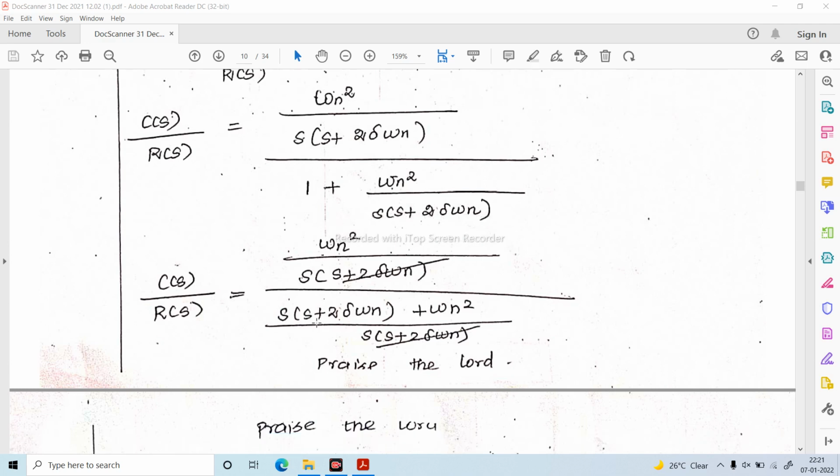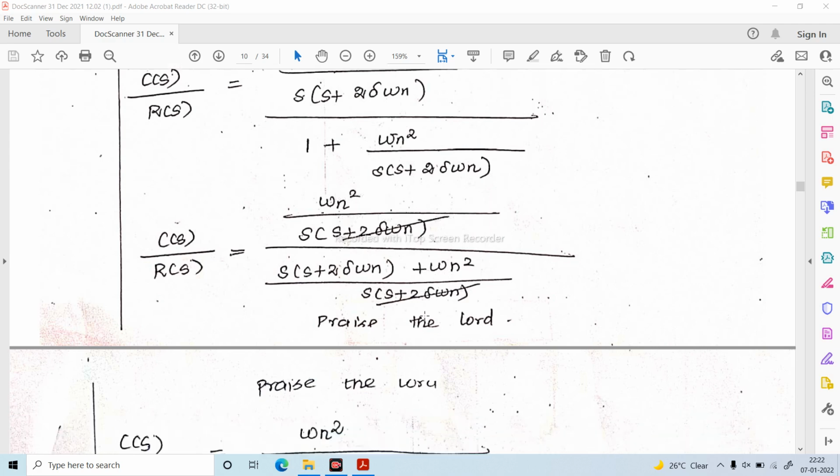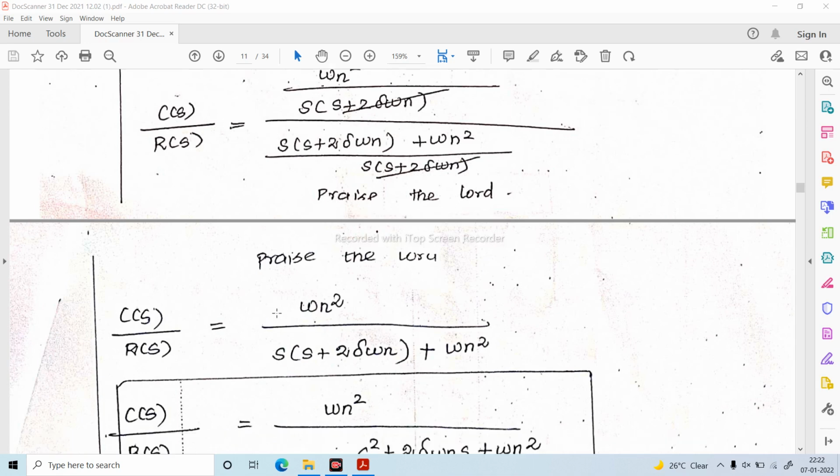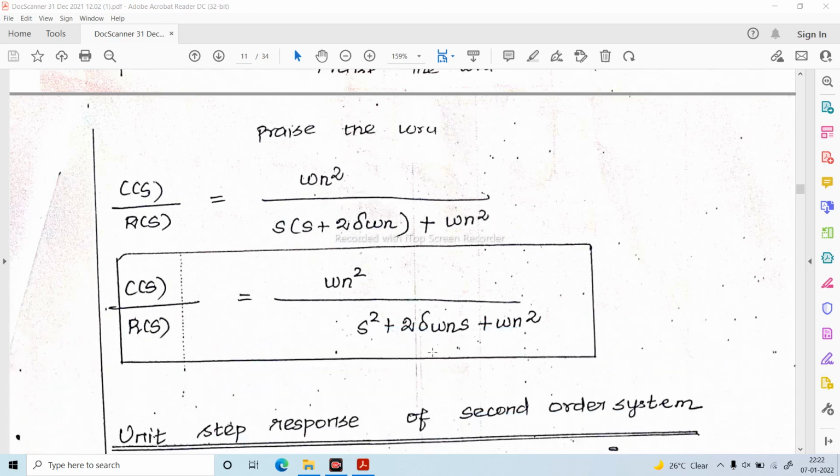So s into s plus 2 delta omega n plus omega n square, the whole divided by s into s plus 2 delta omega n. So both the terms get cancelled. Finally, we get C of s by R of s equal to omega n square divided by s into s plus 2 delta omega n plus omega n square.